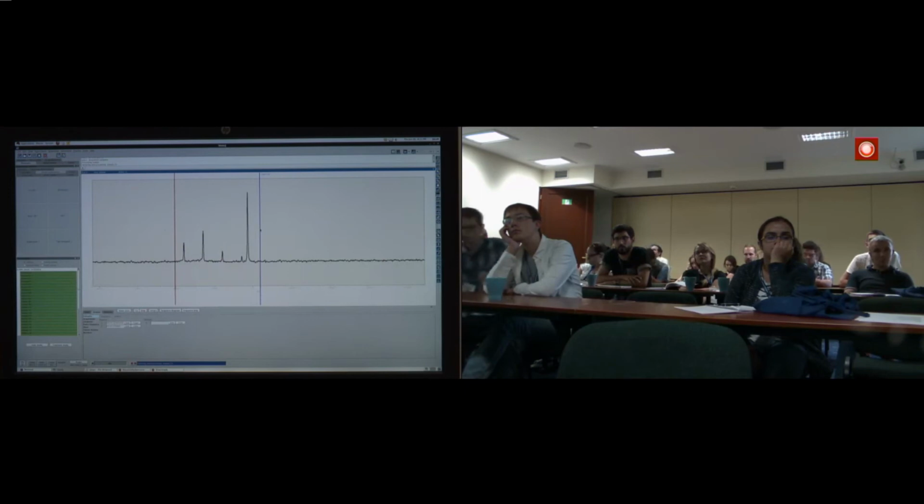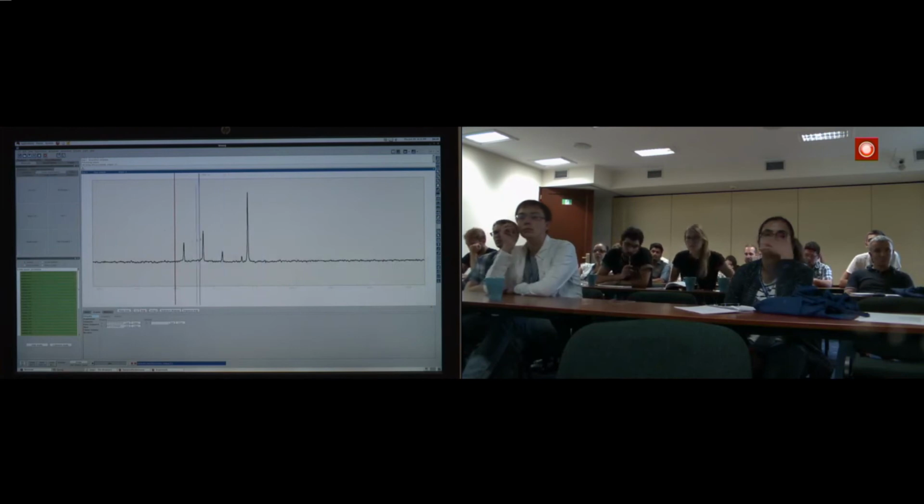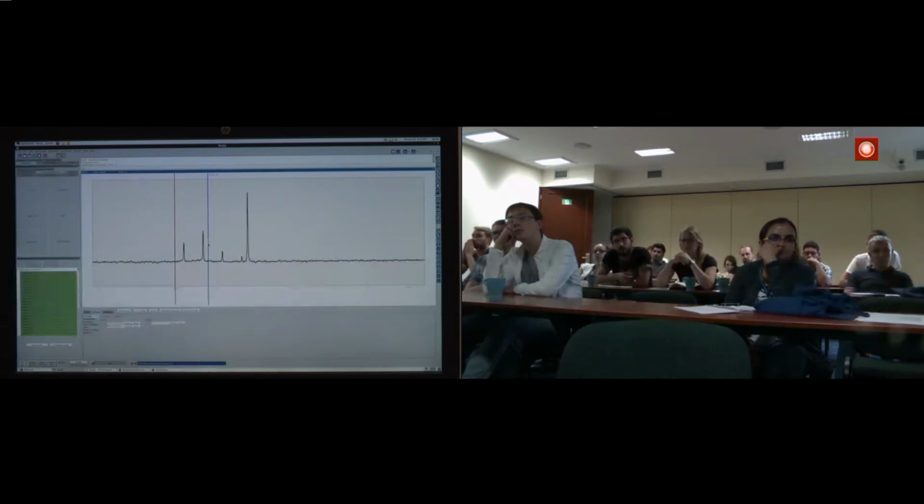Surprisingly, they appeared somehow, and looking for the first time at this spectrum, you can, for example, claim that each individual line comes from a different inequivalent position of carbon, which is not true. So you have to be really careful interpreting and analyzing this solid-state spectra, because the only so-called isotropic line which is real, let's say, is this one.